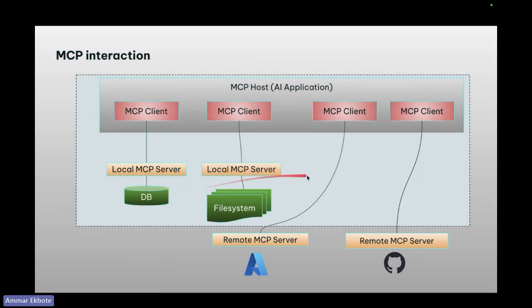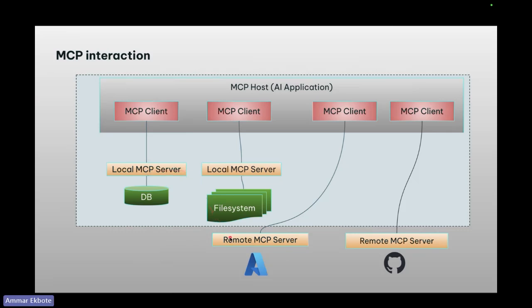So both these MCP servers are running locally. In this case, the MCP client is interacting with the local MCP server using stdio. It's invoking the commands and getting the responses from the MCP servers over standard input output.